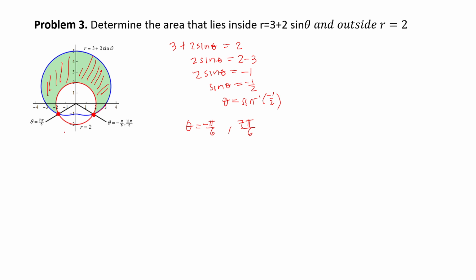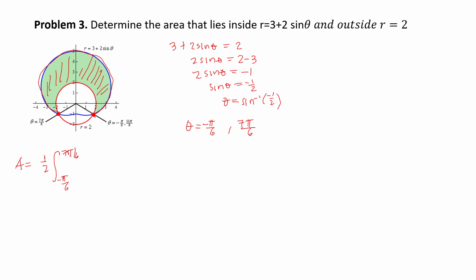So we have now the boundaries from here, because we need to get until this intersection. So the area is equal to the whole area here that we're going to get. So area is equal to 1/2, the boundaries is from negative pi over 6 to 7 pi over 6. Again, we are going to compute the intersection here.